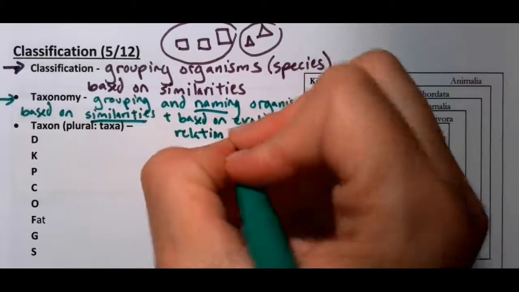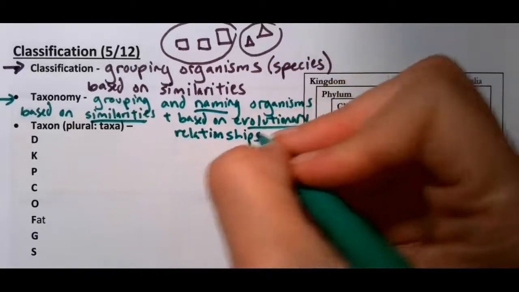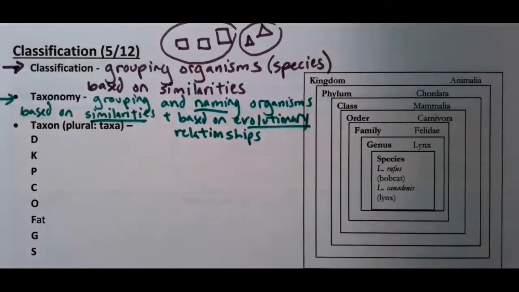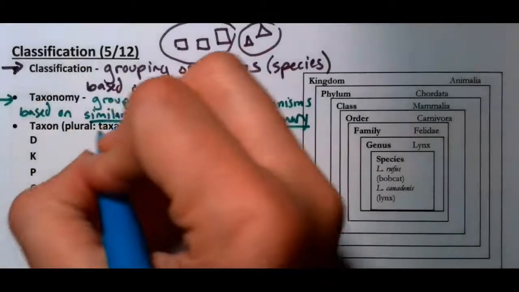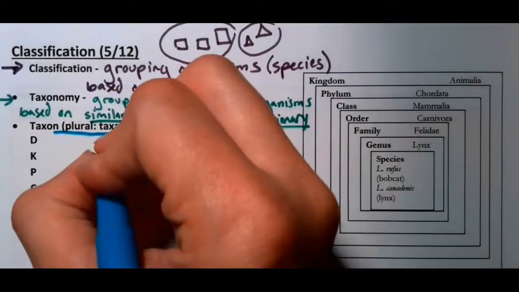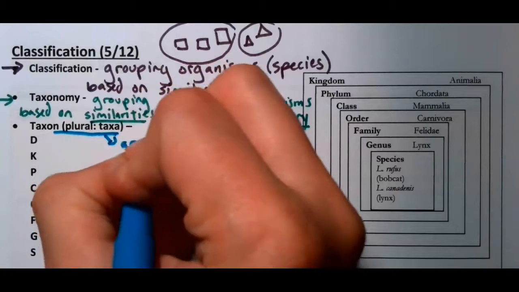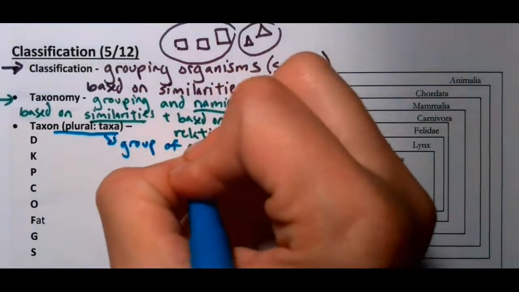So organisms that are more closely related through evolution are grouped together in taxonomy. A taxon or taxa is just a group of organisms.